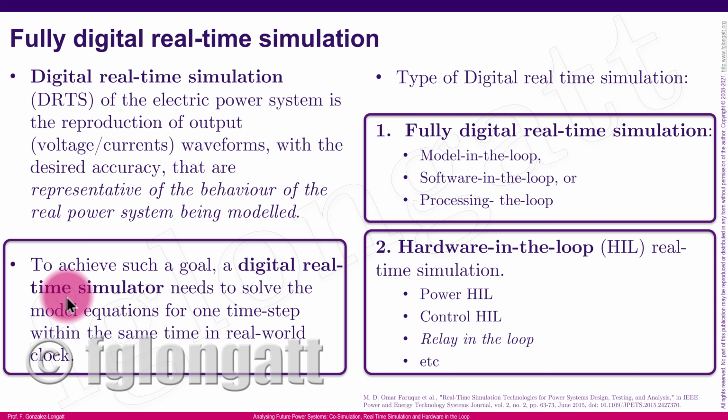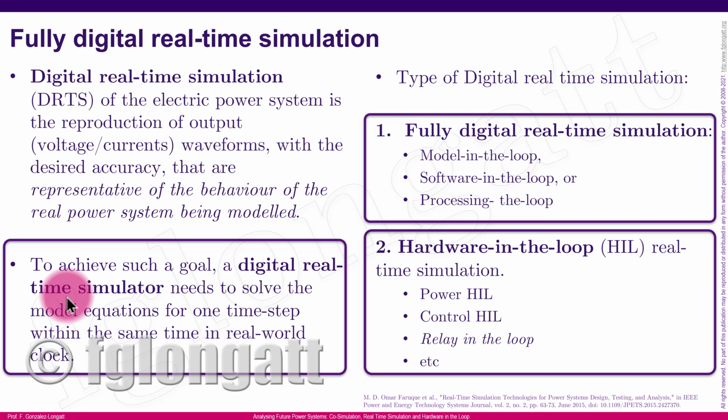It's basically one way to assess the computational time required for the model, process, software, and so on. And the second, and I will say probably the most important for power system analysis, is hardware in the loop. Hardware in the loop implies real-time simulation, but where we integrate some other component inside the electrical power system in the physical layer.